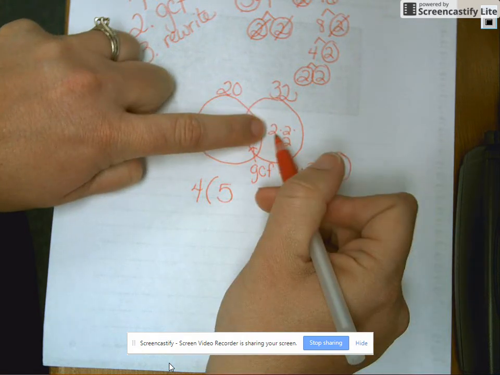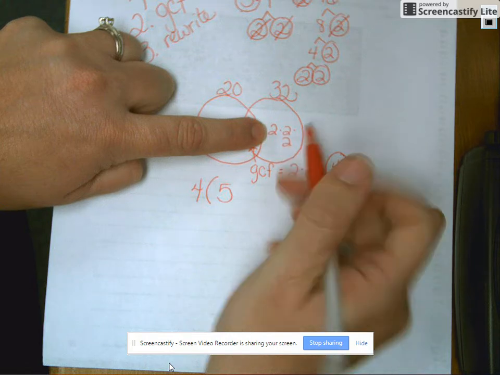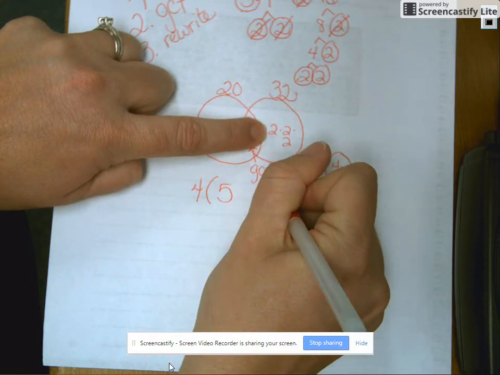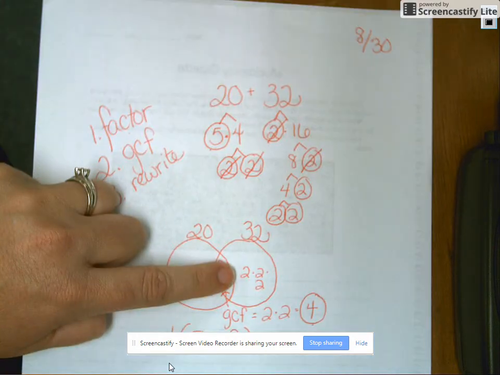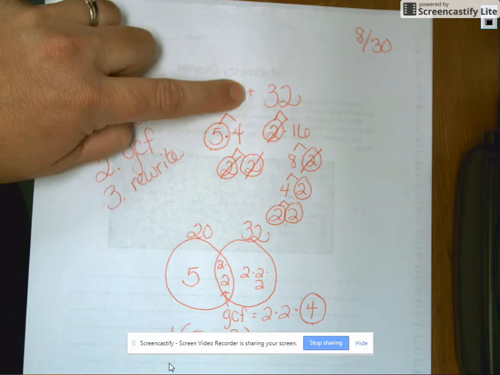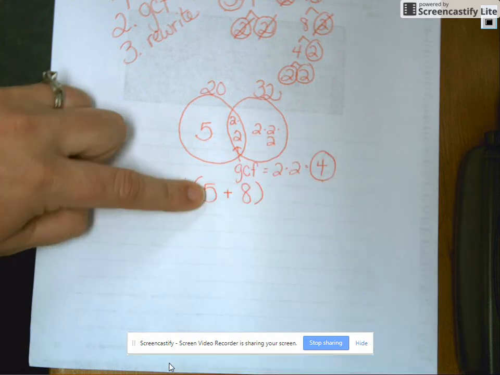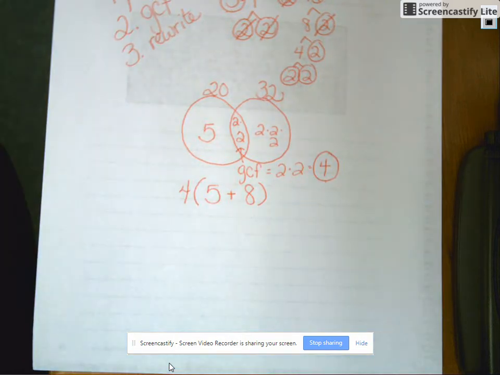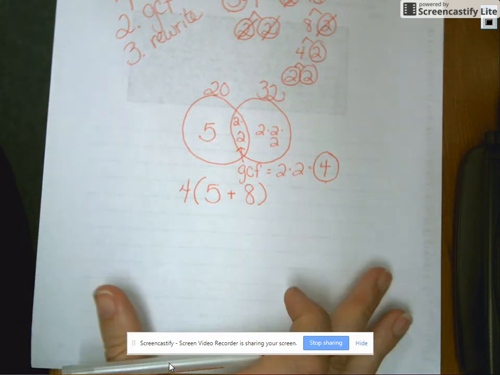So 2 times 2 is 4. 4 times 2 is 8. End of parenthesis. Okay, the sign in the middle, I look back to my original problem and it's addition. So I'm going to put my addition sign in here. And that's it. That's all there is to simplifying a problem using the distributive property.